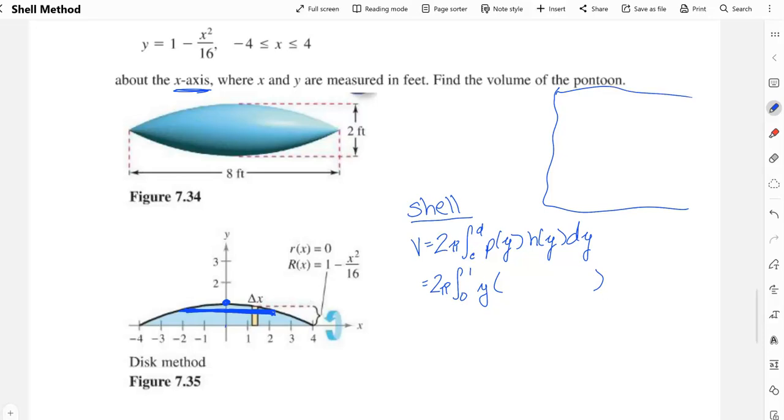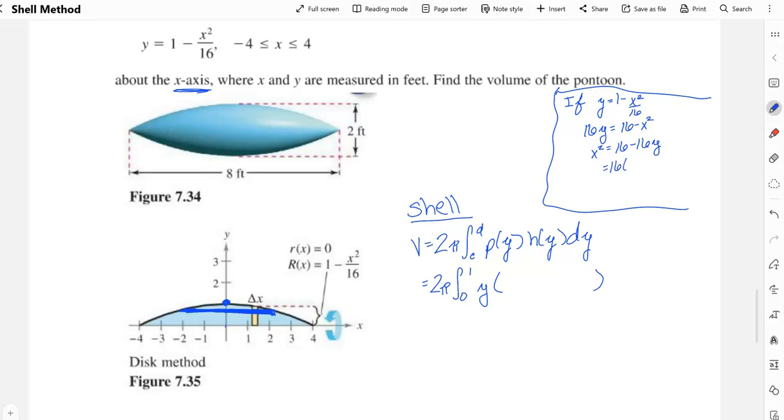So let's do some fancy math off to the side. If we have the function y equals 1 minus x squared over 16, and we want to solve it for x, I would multiply everything by 16 to clear the fraction. I'm going to move the x squared over here and the 16y on the left, and then 16y is going to go on the right.